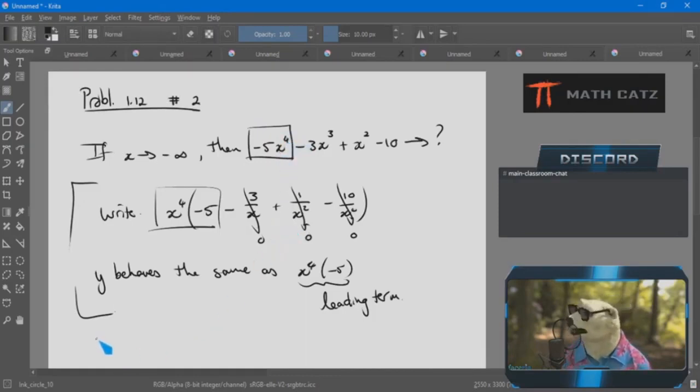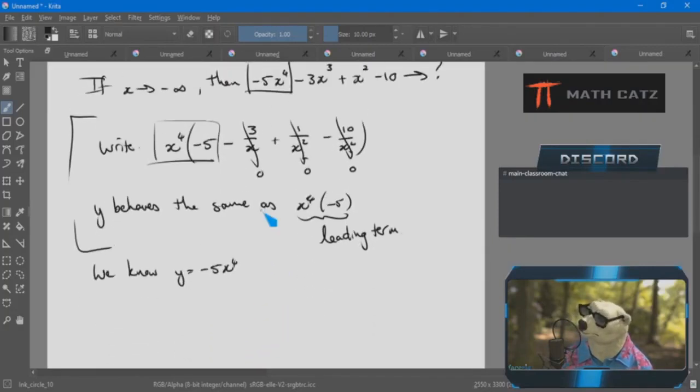So now we know what -5x to the 4 would do, because it's just a basic transformation. I flip it horizontally, I stretch it a little bit, it's going to look like that, right?